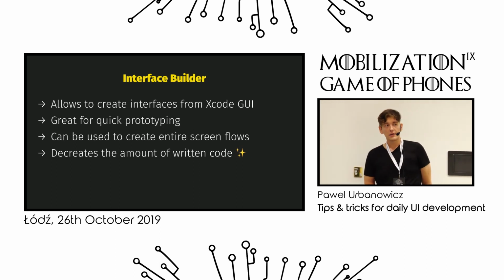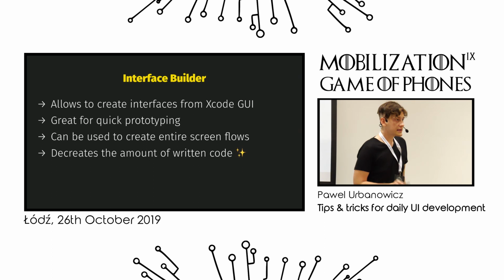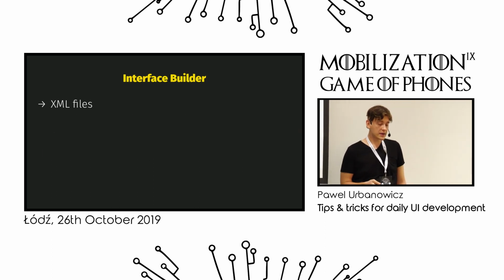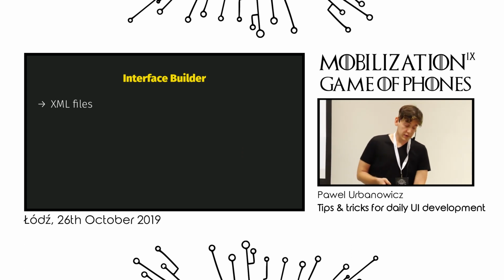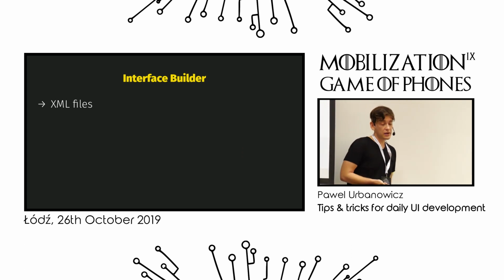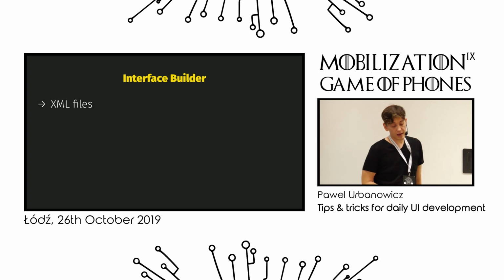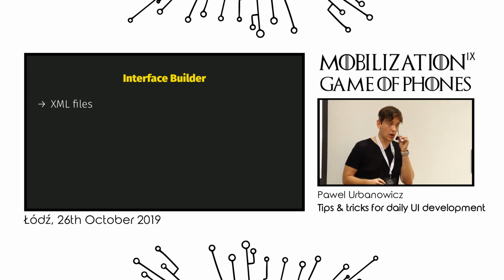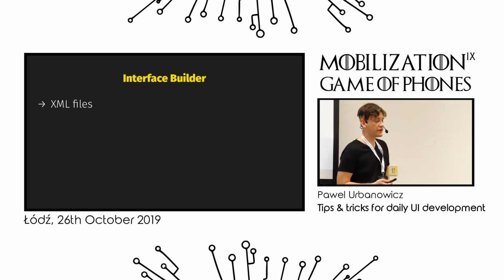But Interface Builder also has many disadvantages I would like to showcase for you. The first one is XML files, because what's bad about Interface Builder is how it approaches its own files. As you know, storyboards or NIBs are in fact XML blobs underneath, and such data structures are rather difficult to code review.